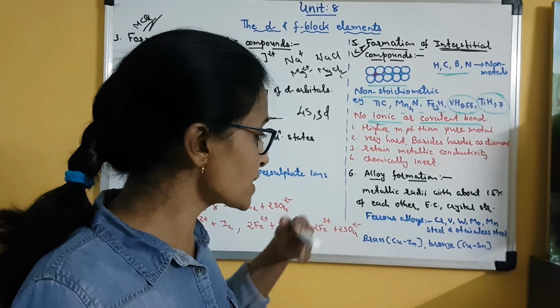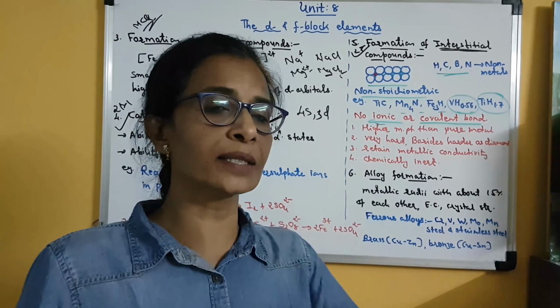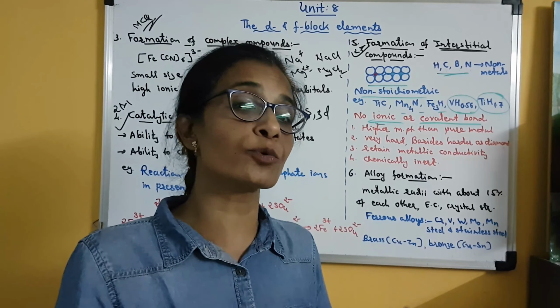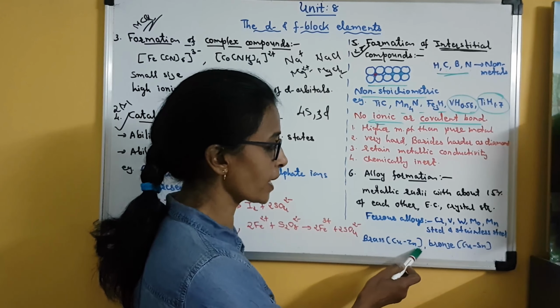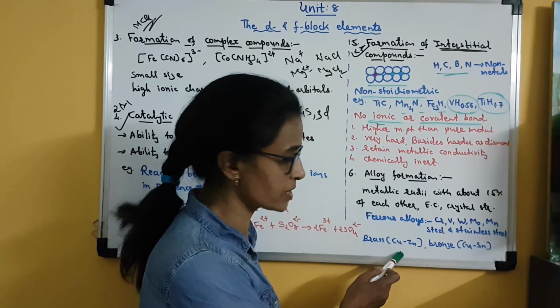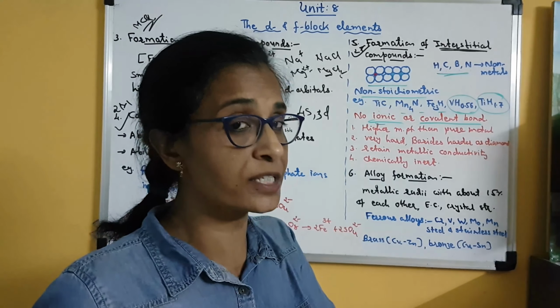But there are certain alloys in which one transition element and other non-transition elements are also present. For example, brass. Brass is an alloy of copper and zinc. Zinc, we know, is a d block element but not a transition element.